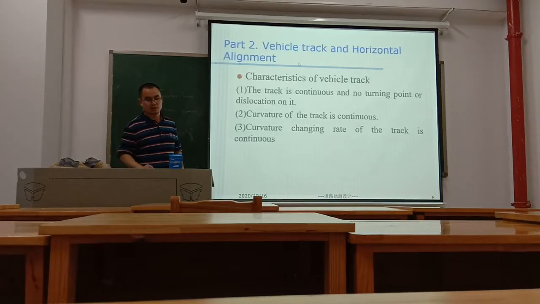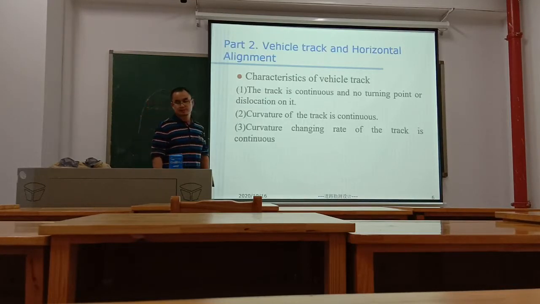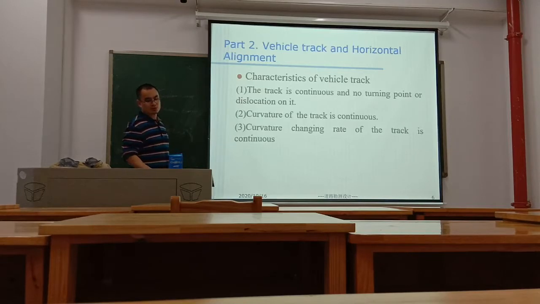Part 2, vehicle track and horizontal alignment. The vehicle track has three characteristics.